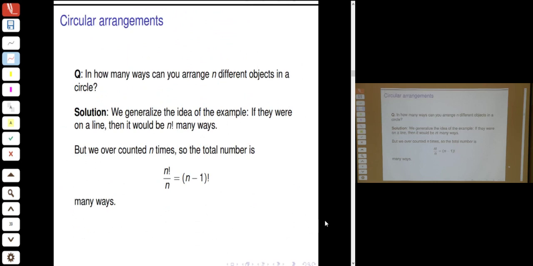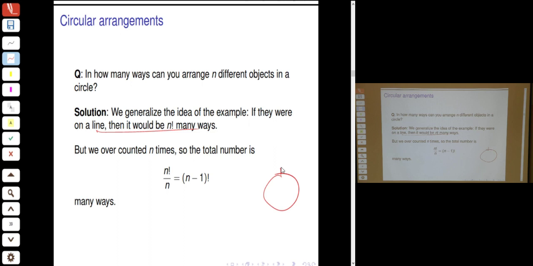Circular arrangements. So in how many ways can you arrange n different objects in a circle? If they were on a line, there would be n factorial many ways. But remember that you are on a circle, so the circular order doesn't matter.